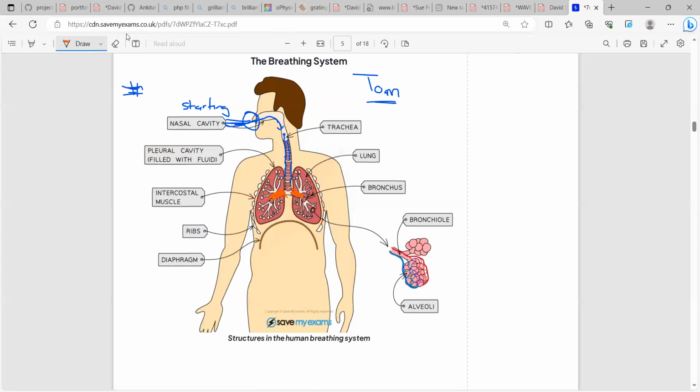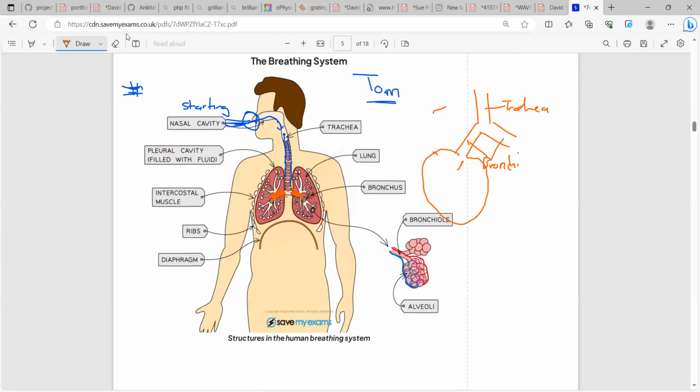And then after the bronchus, we have what we call the bronchial. So we are saying trachea, and then bronchi. That's just one. These two guys. And then from the bronchi, we have our lung there.